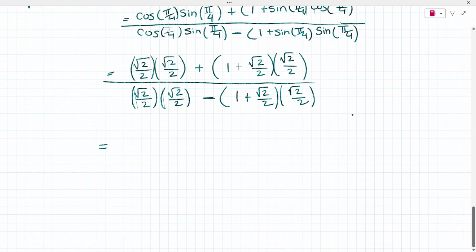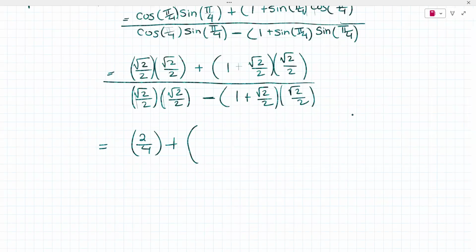So if you kind of clean this up, this right here would be 2 over 4 plus this.